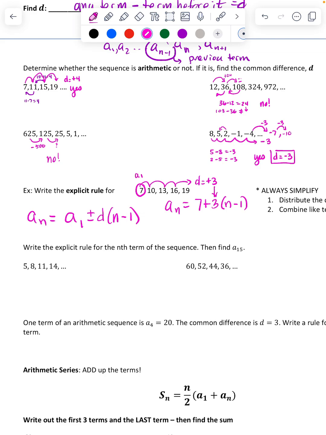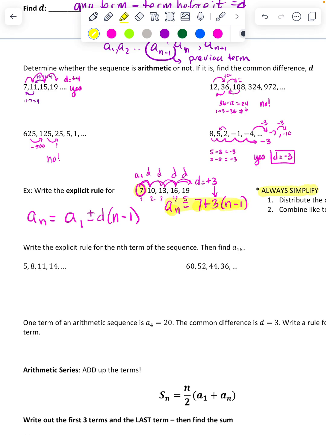So you're saying, start here, add 3 once, twice, 3 times, 4 times, and it's n minus 1 because to get from the first, second, third, fourth, fifth, I would have added the common difference once, twice, 3 times, 4 times. So I'm counting the spaces between them. So to get any term, take 7, that's where you start, add 3, n minus 1 times.